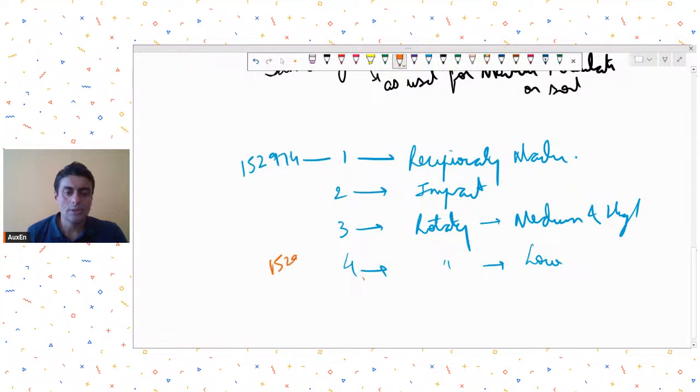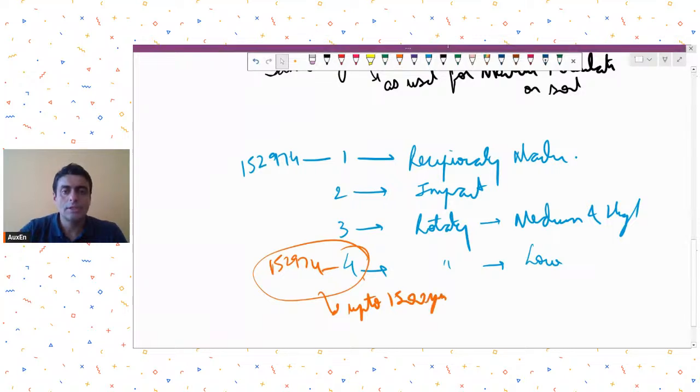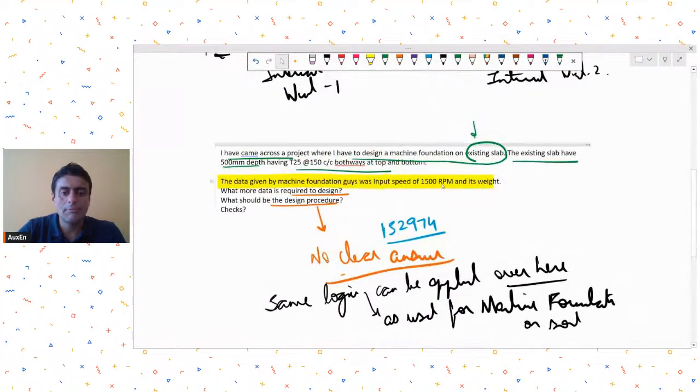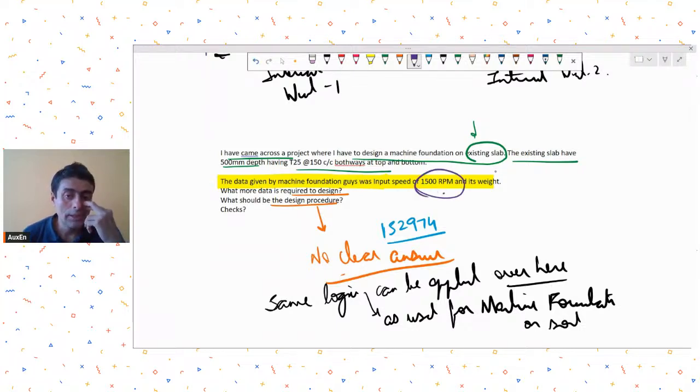So IS 2974 part 4 covers up to 1500 RPM. So your question is that a machine has this much RPM, so you can refer to IS 2974 part 4 for your machine. Just see the procedure over there. Important things to keep in mind is the frequency.